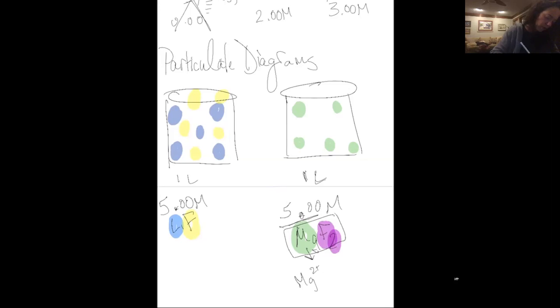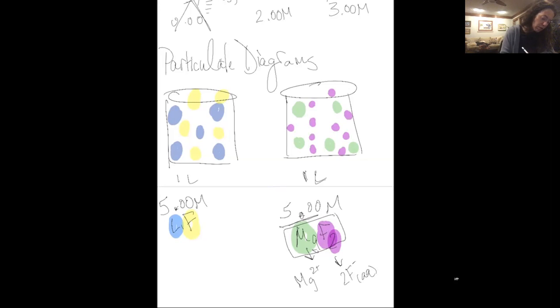Therefore, the concentration is doubled, right? Because we have 2 fluorides here for every 1 formula unit of the compound. So I should find myself with 10 particles, 1, 2, 3, 4, 5, 6, 7, 8, 9, 10 particles of fluoride. So just like with the gases, the number of dots could easily represent the number of moles.